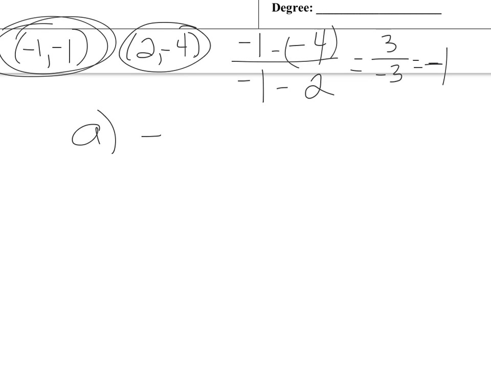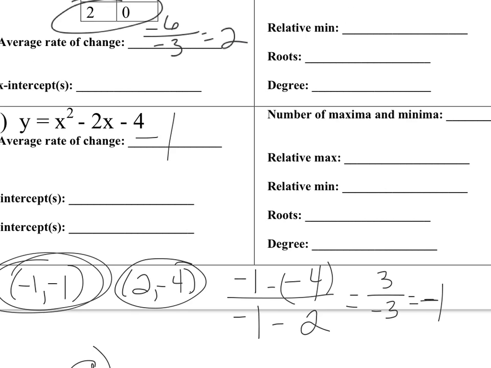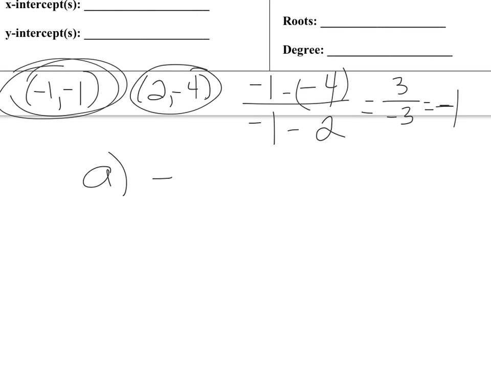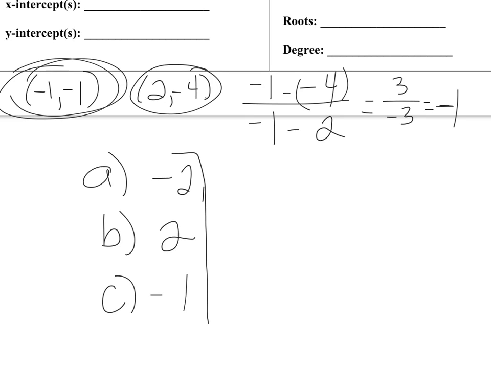Let's look back up. Here we are. -2. For the other one, for B, the average rate of change was 2. And for C, the equation, the average rate of change was -1. So we have 3 average rates of change.